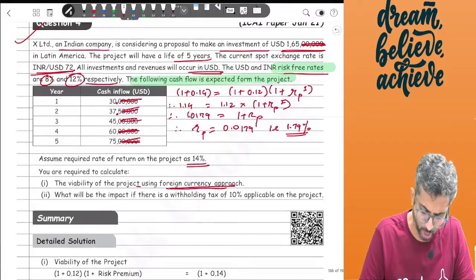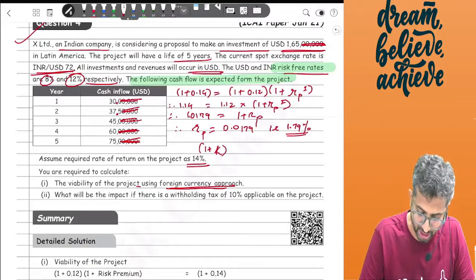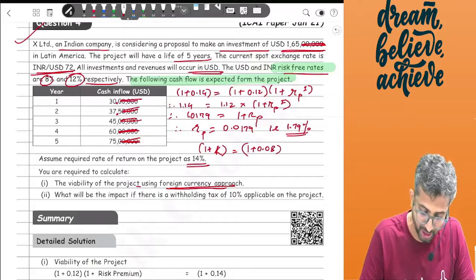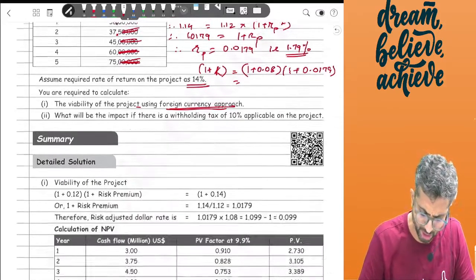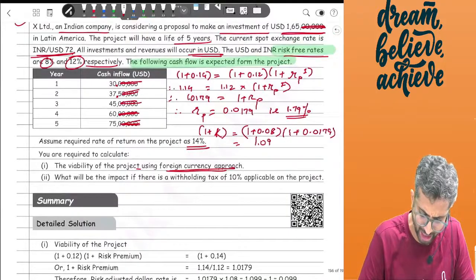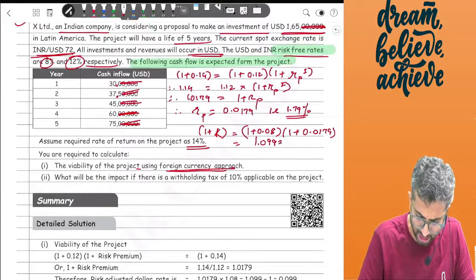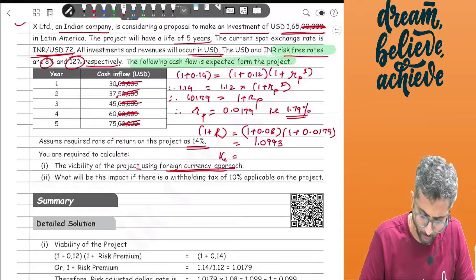So you will say for the US, 1 plus the required rate of return in the US, let's say KE, equals 1 plus 0.08, which is the risk-free rate in the US, into 1 plus 0.0179, and hence if I multiply 1.08 with 1.0179 it comes to approximately 1.09933. That is, your foreign currency discount rate is approximately 9.93%.